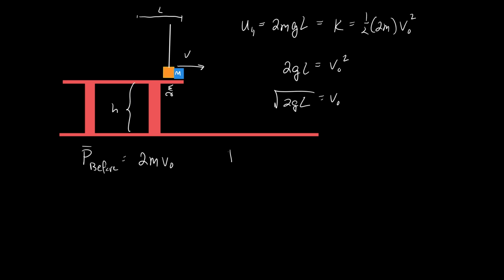But the momentum after the collision is going to be the momentum of the pendulum, because it's still moving after the collision, plus the momentum of the block, because it's now moving after the collision. Does that make sense? Now, I need this velocity, because this velocity represents the horizontal velocity of the block that's about to become a projectile and land on the ground. I need that velocity. Unfortunately, I don't know this velocity.